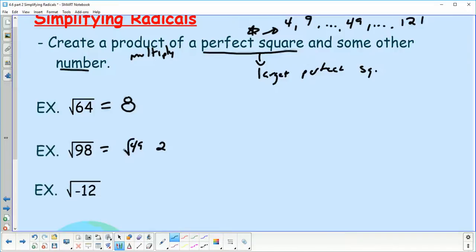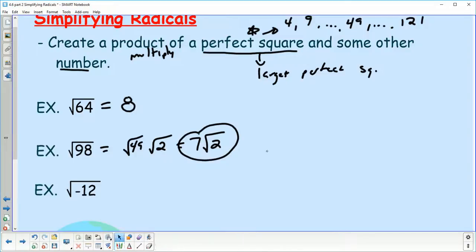So I'm going to rewrite this as a product of 49 and 2, and really the square root of 49 and the square root of 2. And we do that because we can simplify the square root of 49 and we get 7. So we'd have 7 times the square root of 2. And we can do the square root of 2 in our calculators. We get some ugly number like 1.414. We don't want to do that though. We want to leave it as 7 times the square root of 2, and that would be it.